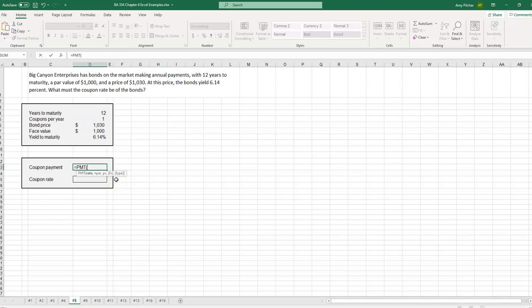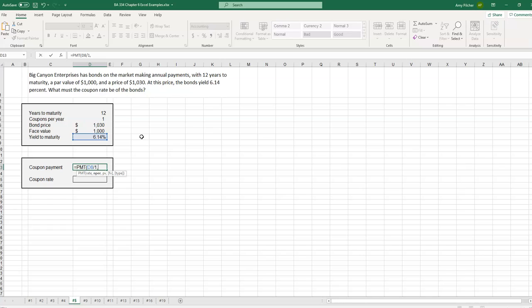So when we're doing the payment for bonds, we're going to get used to calculating how many times that rate occurs. So if this was a semi-annual bond, we would have to take that rate and divide it by 2. So we're just going to go ahead and be in that habit, and we're going to take our rate of 6.14 and divide it by the number of coupons per year, or 1.